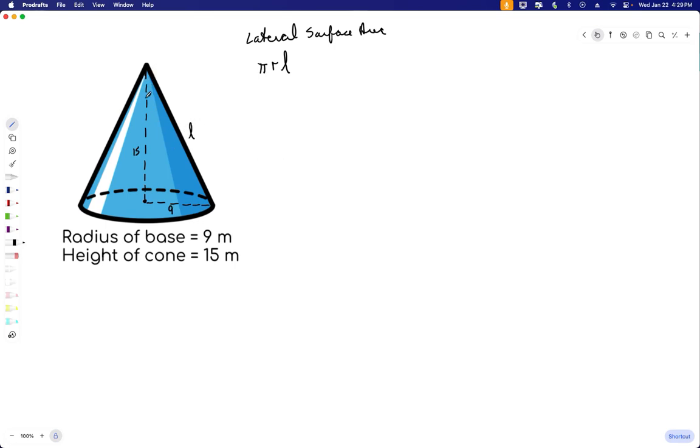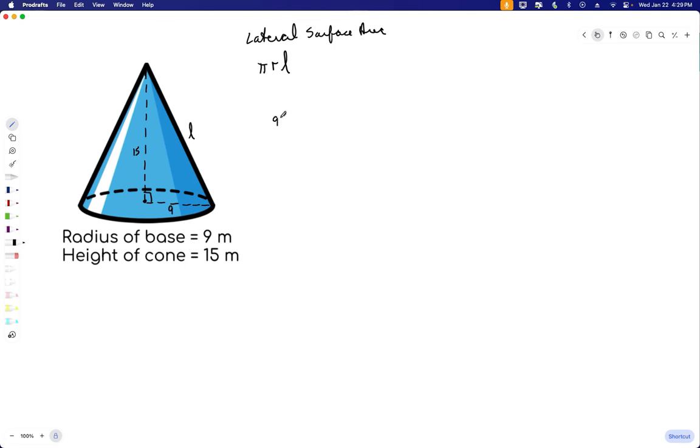If you look very closely, you're going to see a right triangle right here, and the slant height is going to be the hypotenuse of that right triangle, made by the height of the cone and the radius of the base circle. So we can find L by just using Pythagoras' theorem.